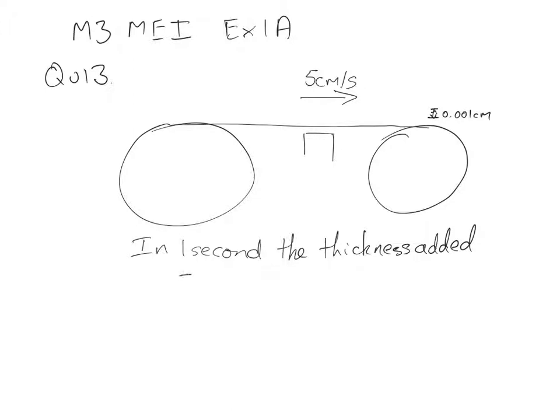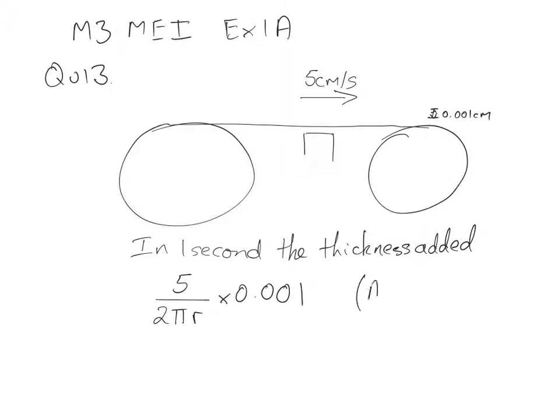So how many revolutions is 5 divided by 2 pi r. Now r is changing, so we'll leave that as a variable. And each time it goes around once, it adds that much to the thickness.